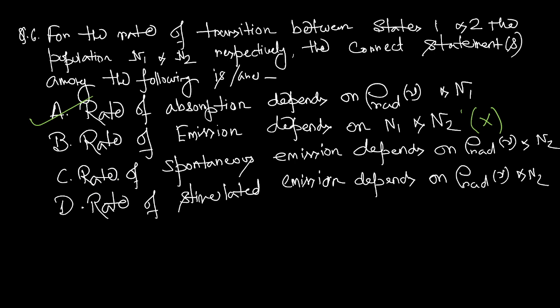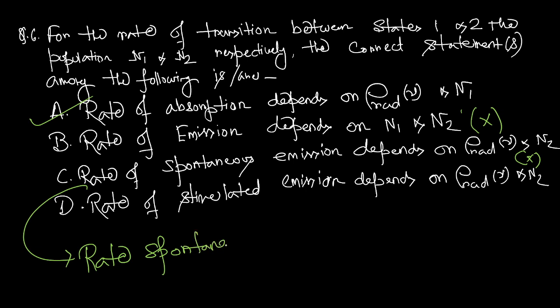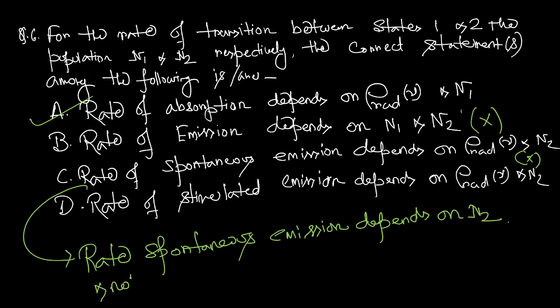This is the wrong answer, because the rate of spontaneous emission depends on n2 and not on the radiation density. The rate of stimulated emission is dependent on the radiation density and n2. That is correct.